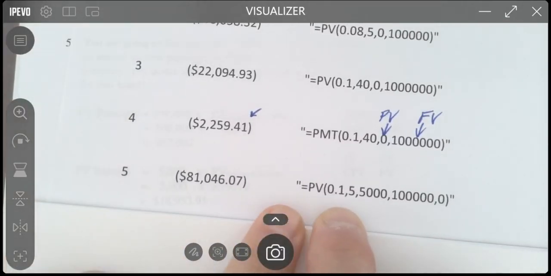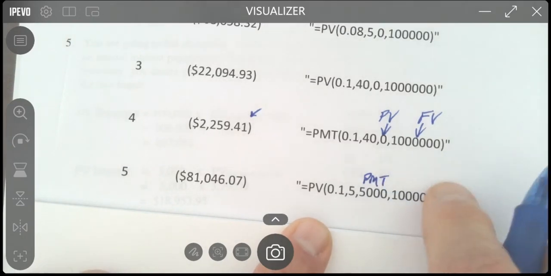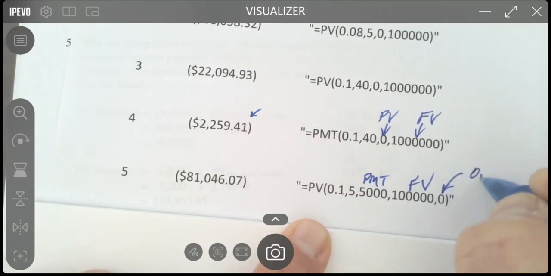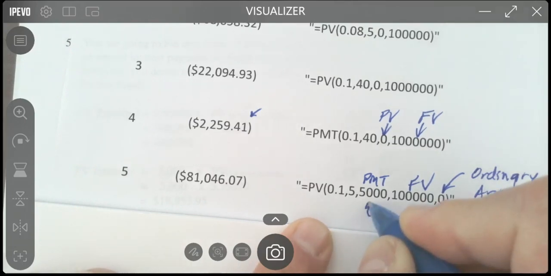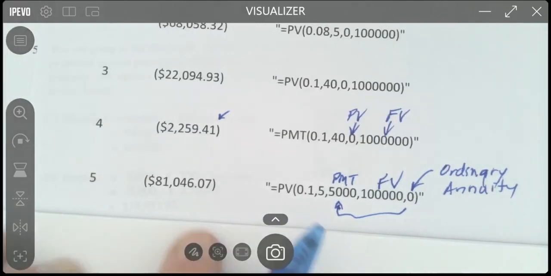Present value function equals present value rate 0.1, 10%, N, number of periods, 5, payment, there's our first payment, 5,000, future value, 100,000, and then type 0 for ordinary annuity. The interest payments are occurring at the end of each period. And that'll return the correct value.